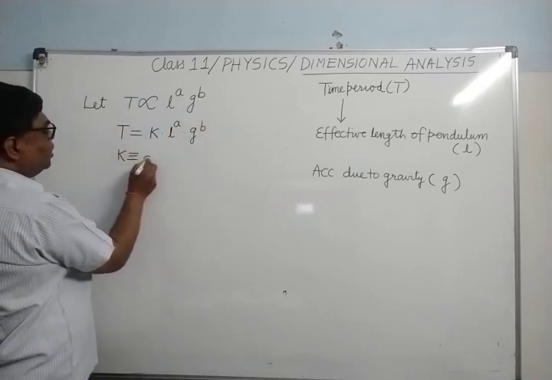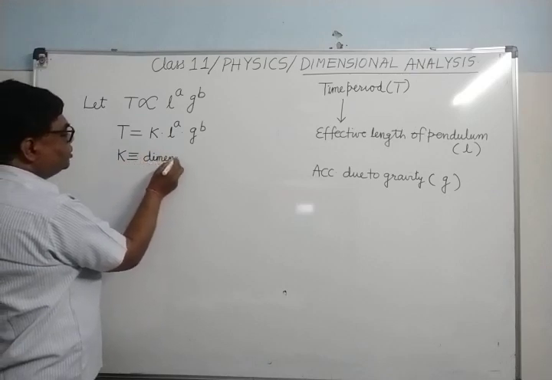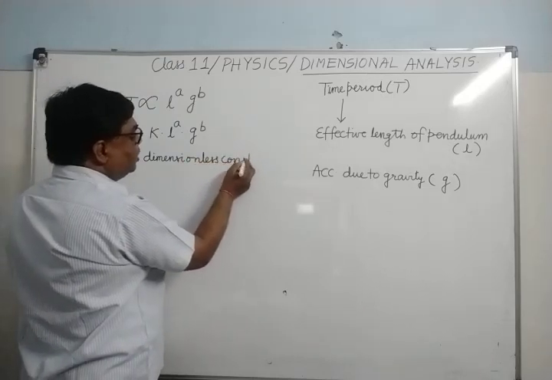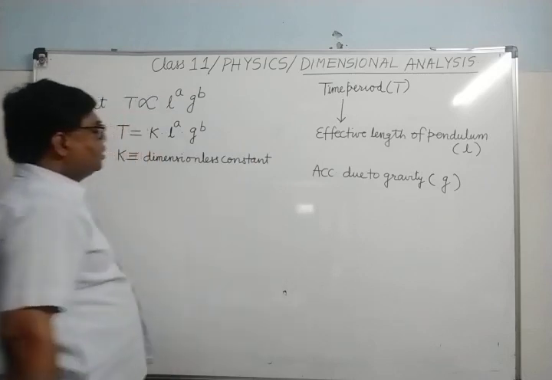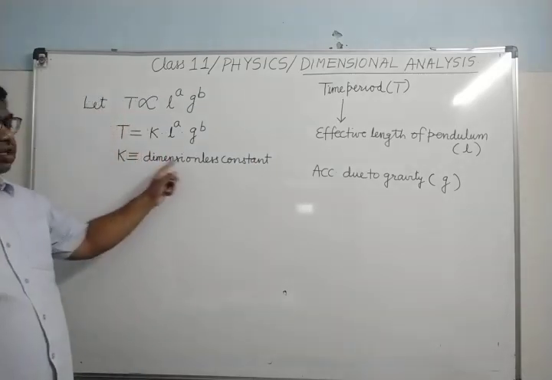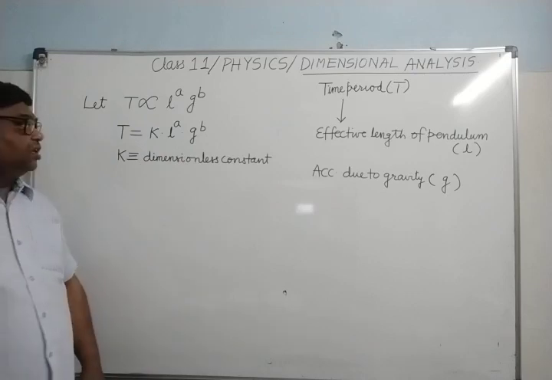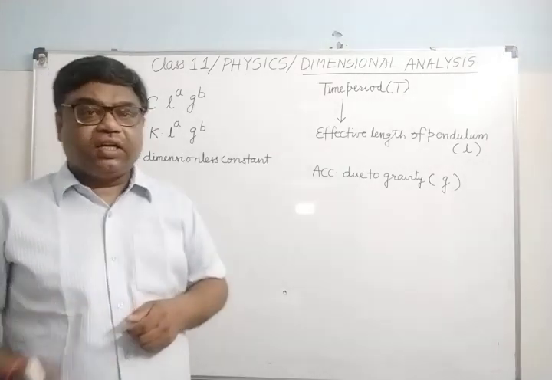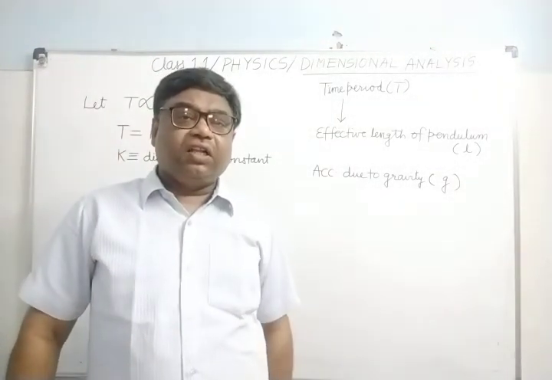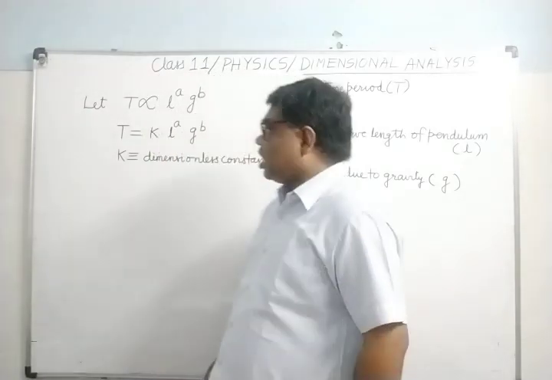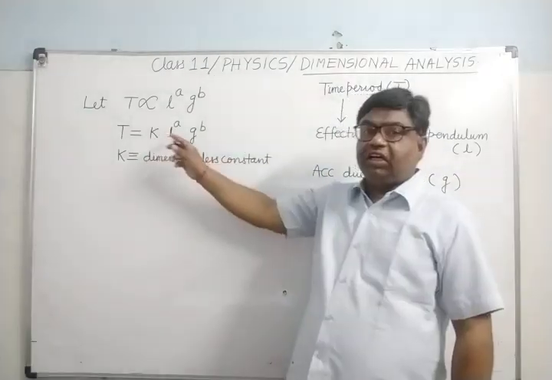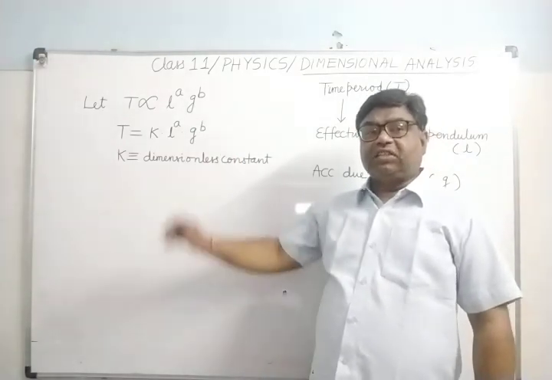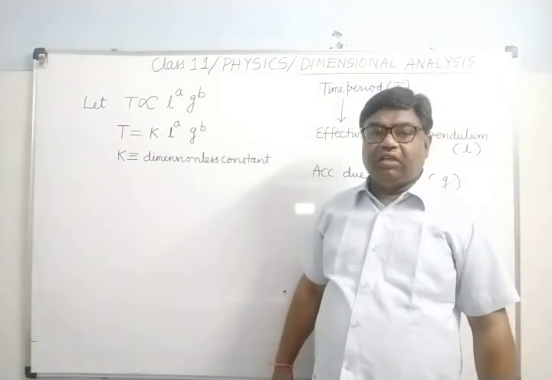K is a dimensionless constant, it doesn't have any dimension. As we know, in every correct equation the dimensions of all the terms are the same. So here also the dimension of the left hand side should be equal to the dimension of the right hand side.